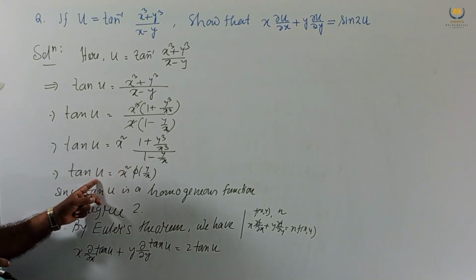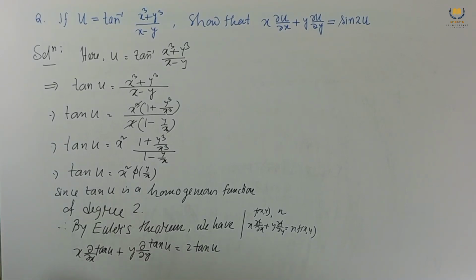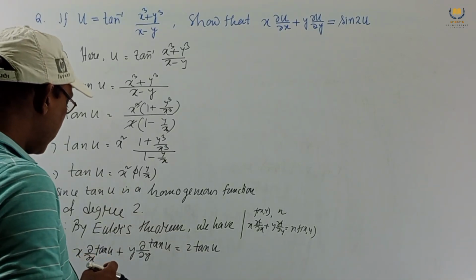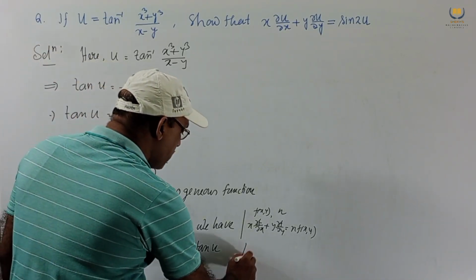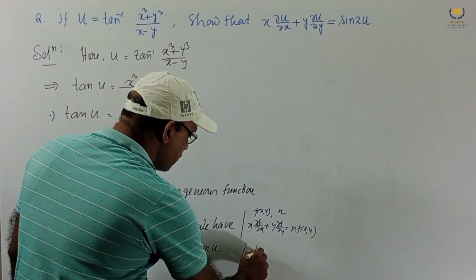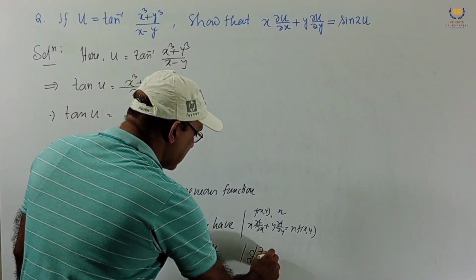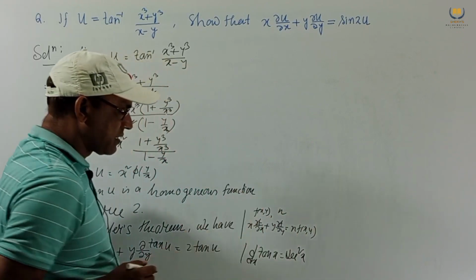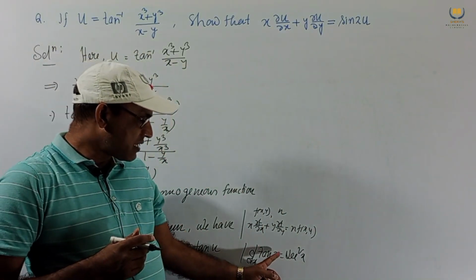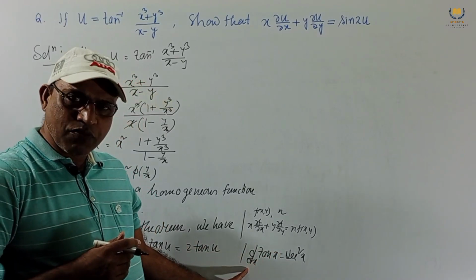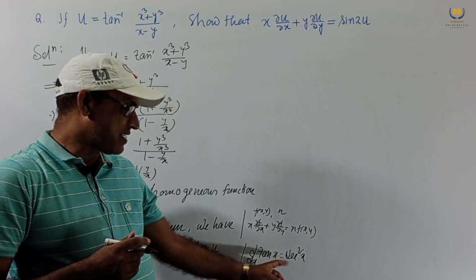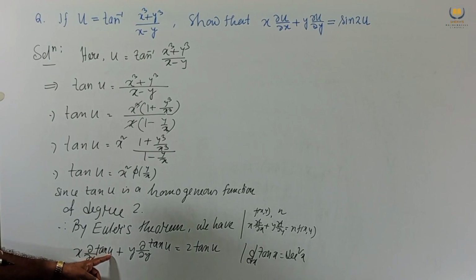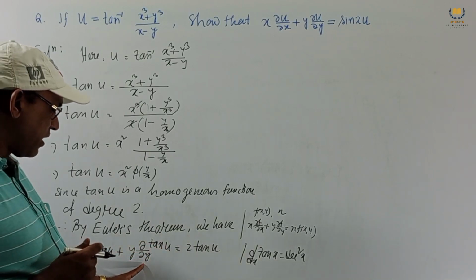Degree means 2, function means tan u. But actually we know the formula d by dx of tan x is sec square x. When the x in both places is the same, we get sec square x. But here it is tan u and here x, these are different. Here u and here y, these are different.